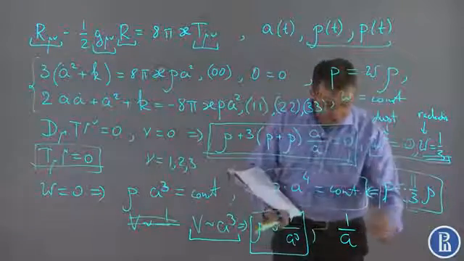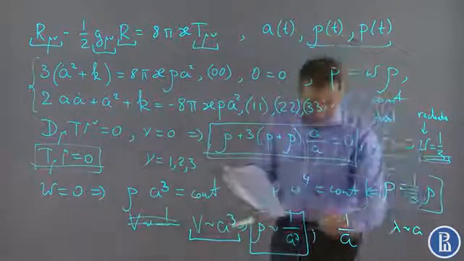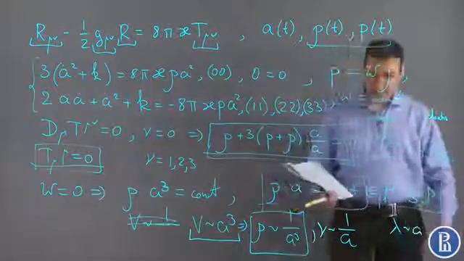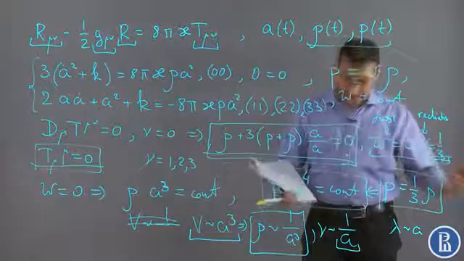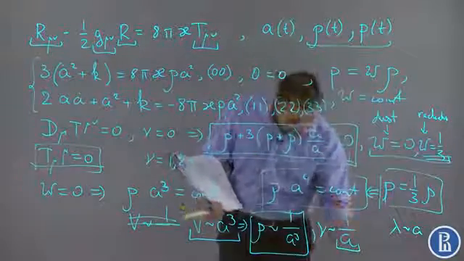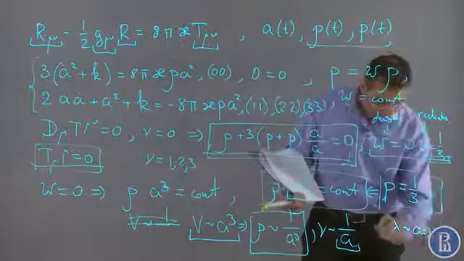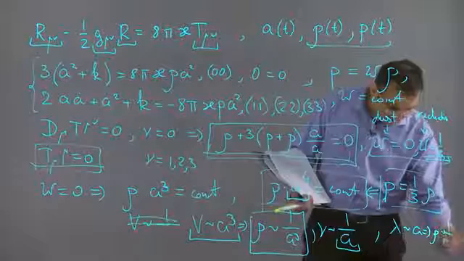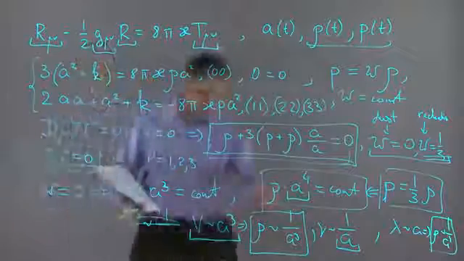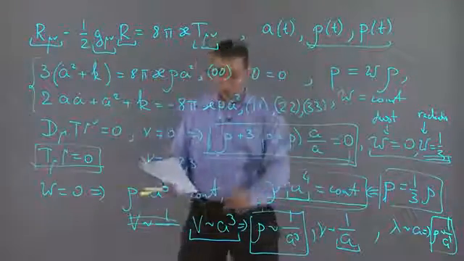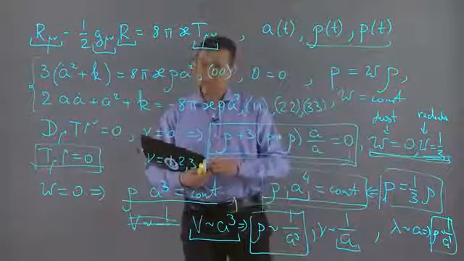The wavelength is scaling as a, so it increases. The frequency hence decreases, and as a result, the energy of radiation decreases according to this law. So the total energy density for the radiation hence is a product of this times this, and as a result, we obtain that rho behaves like 1 over a to the 4th power for the radiation. That is the reason we have this law for the radiation. So these two types of behavior for these two types of matter can be explained on general grounds.